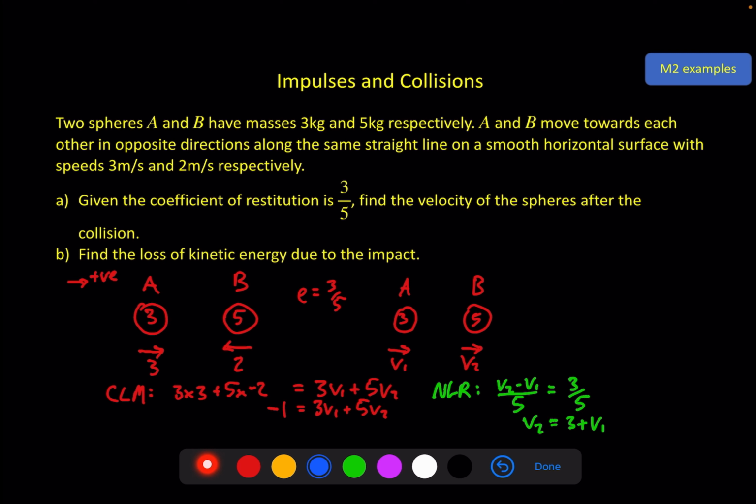So combining those two together, we get minus 1 is equal to 3v1 plus 5 lots of 3 plus v1, which gives minus 16 on the left, 8v1, so v1 is equal to minus 2. Putting that back into here gives v2 equal to 1.